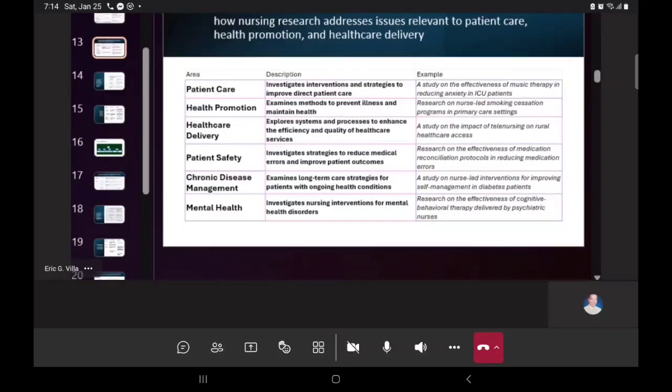Nursing research plays a crucial role in addressing issues relevant to patient care, health promotion, and healthcare delivery. By systematically investigating various aspects of nursing practice and the healthcare system, researchers provide evidence-based solutions to improve patient outcomes and enhance the overall quality of healthcare. In the realm of patient care, nursing research directly impacts the way nurses interact with and treat patients.